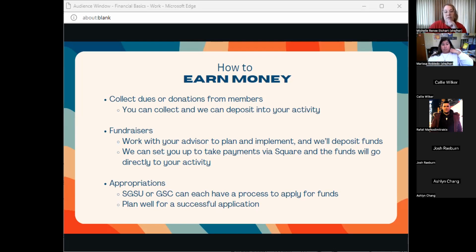With doing a fundraiser using Venmo, if you have already planned it, you're in the process, it's happening, you don't have to stop it. Hopefully we knew about it, because the office is supposed to be notified. But moving forward, we really encourage you to use Square.